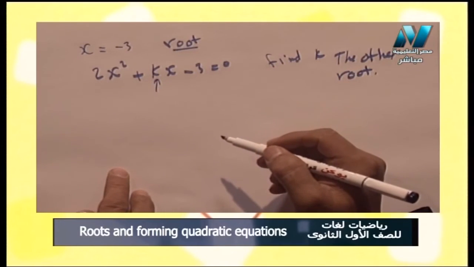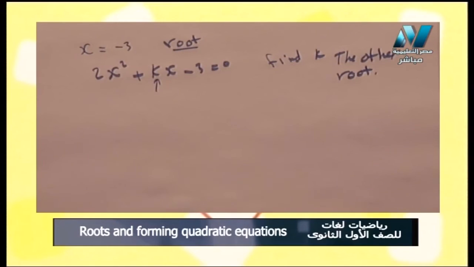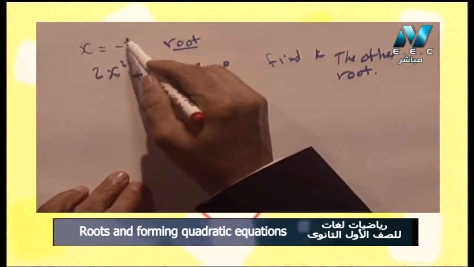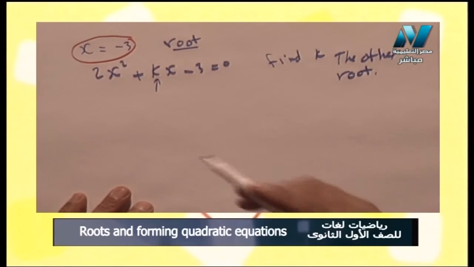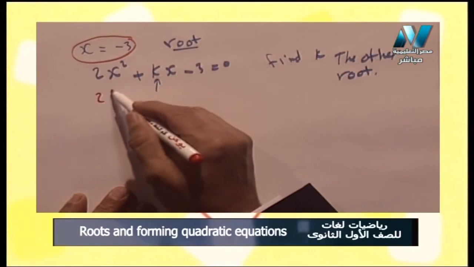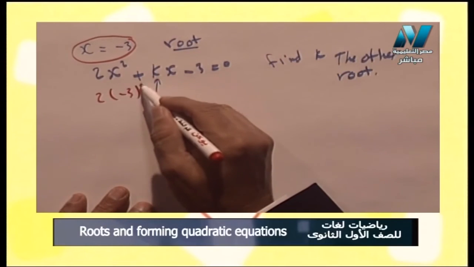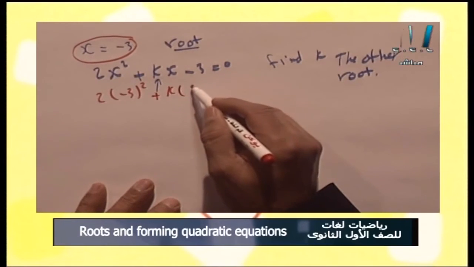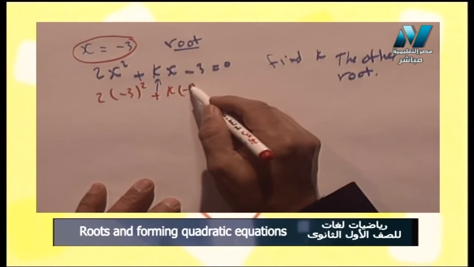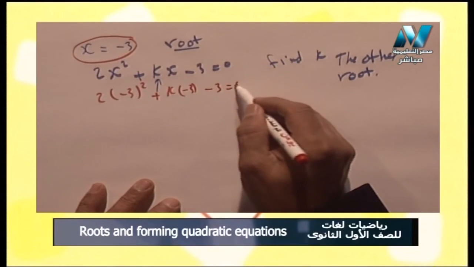We have two methods here. The first method: we substitute x equals negative 3. So 2 multiplied by negative 3 power 2 plus k multiplied by negative 3 minus 3 equals 0.